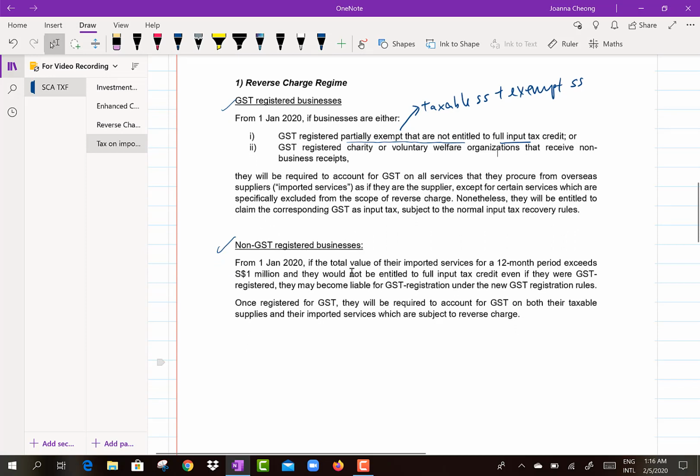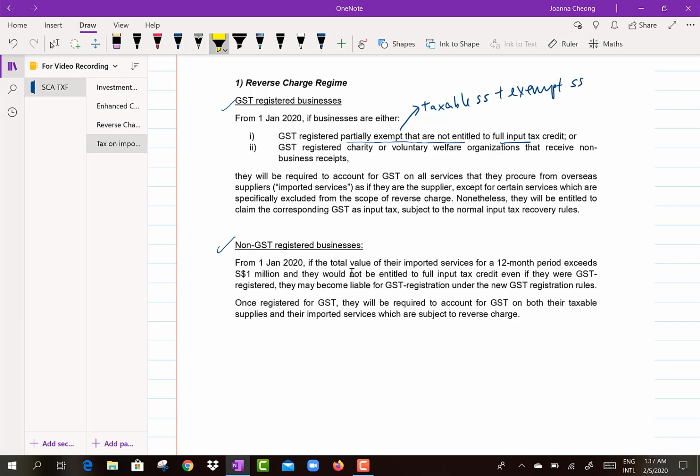Previously they were not registered for GST, but because of meeting certain conditions, they will be liable to register for GST after 1st of January 2020. So who are those people? Those businesses who are not yet registered, but have been buying digital services from overseas for the last 12 months and the value exceeds Singapore dollar $1 million.